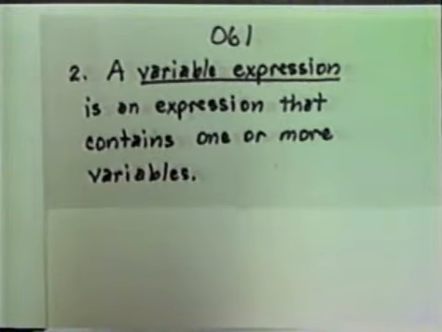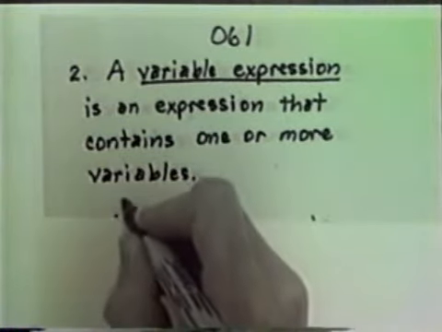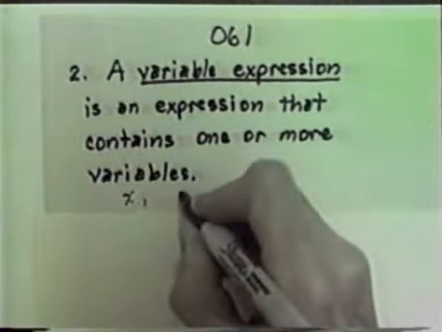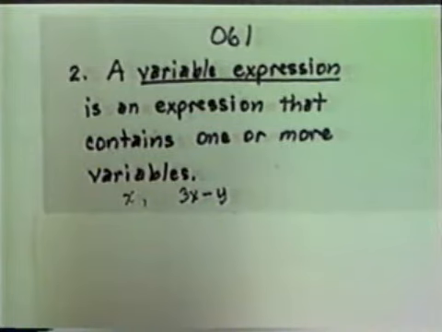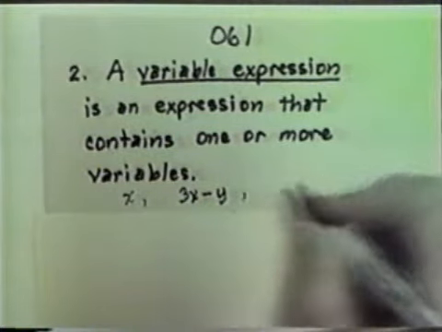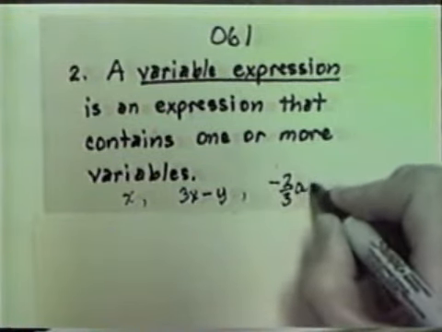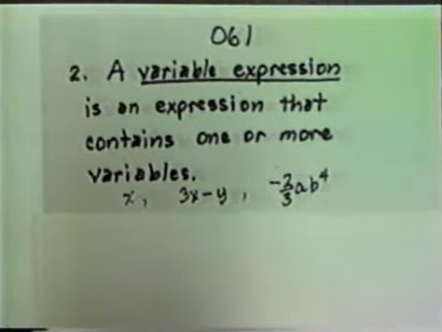A variable expression might be simply the letter X. Or it might be, let's say, 3x subtract y. That's a variable expression. Or it might be negative 2/3 ab to the 4th power. That's a variable expression.